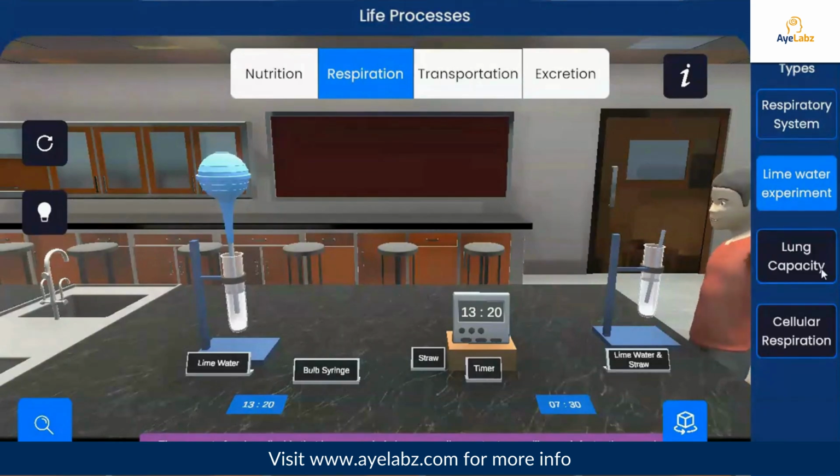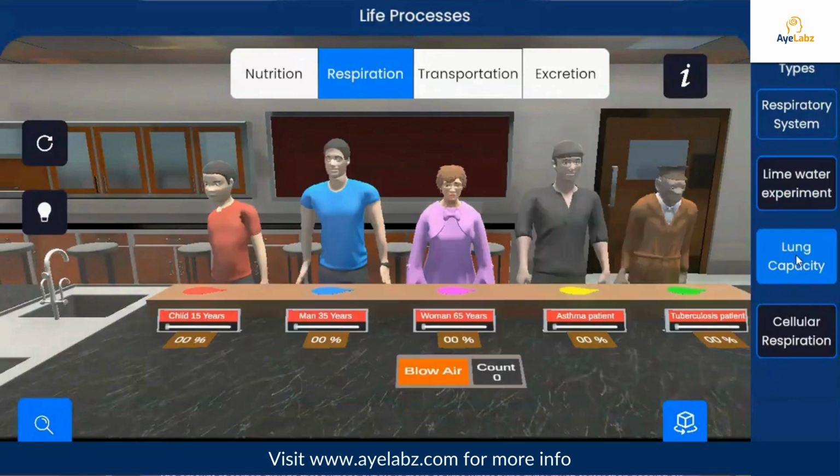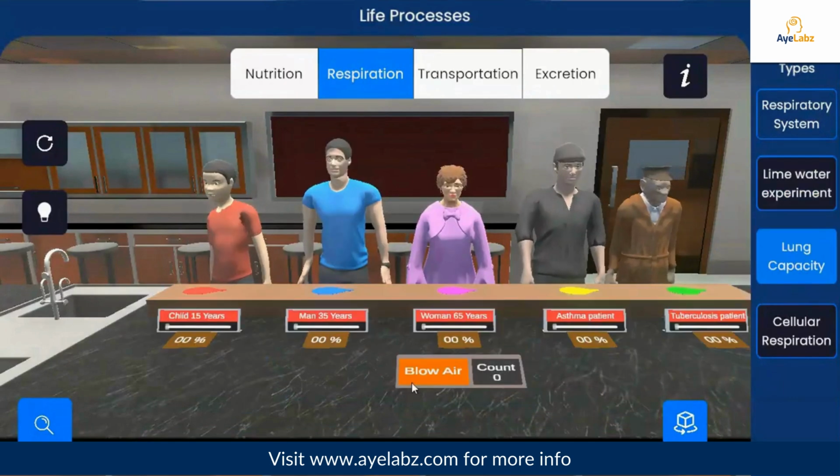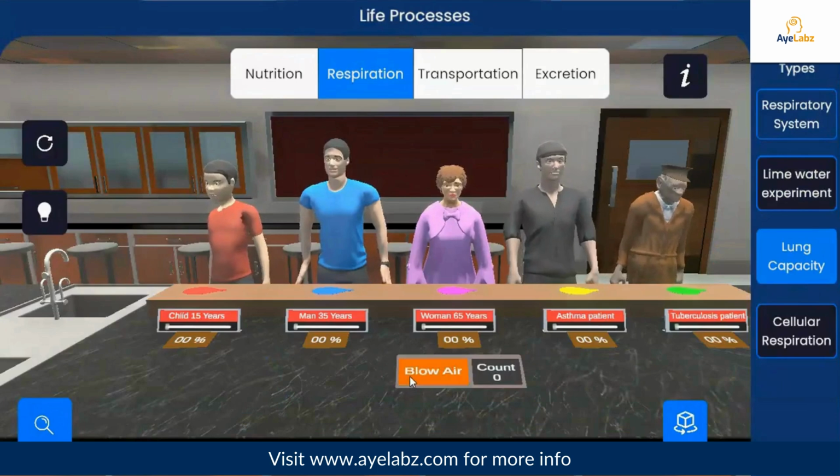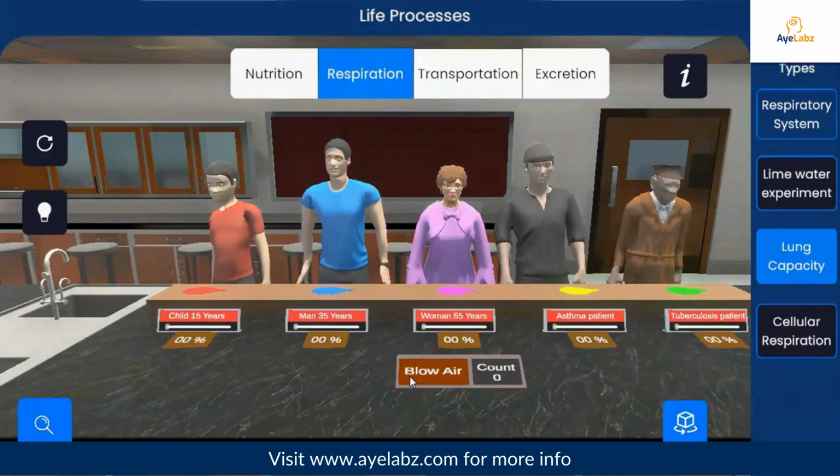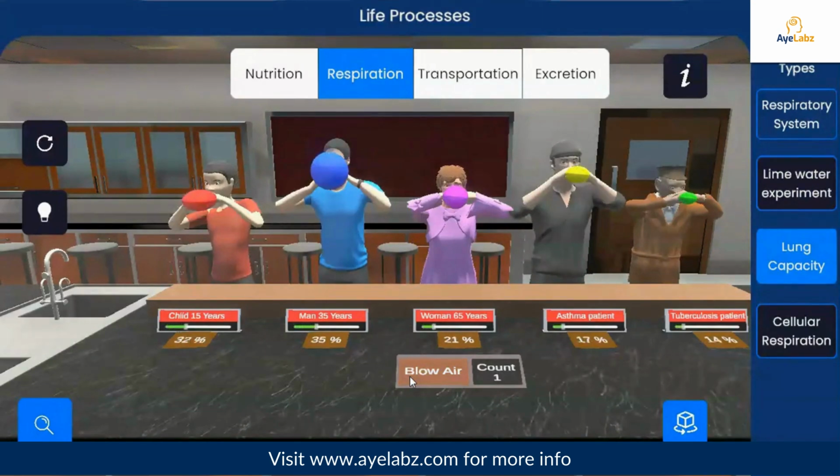Now, click here to see how lung capacity varies in different individuals. Click here to blow air into the balloon multiple times and observe the lung capacity in different individuals.